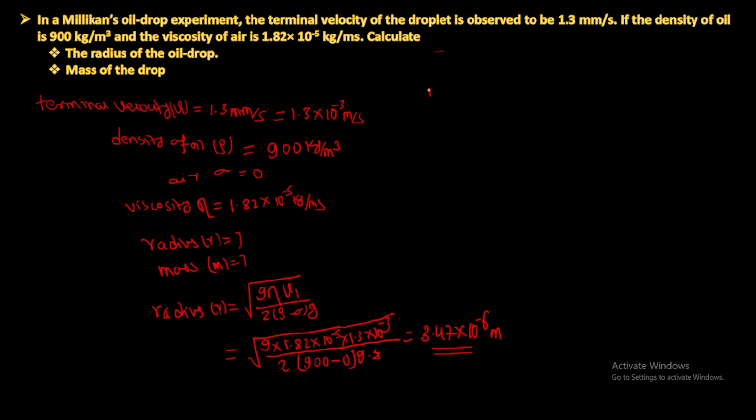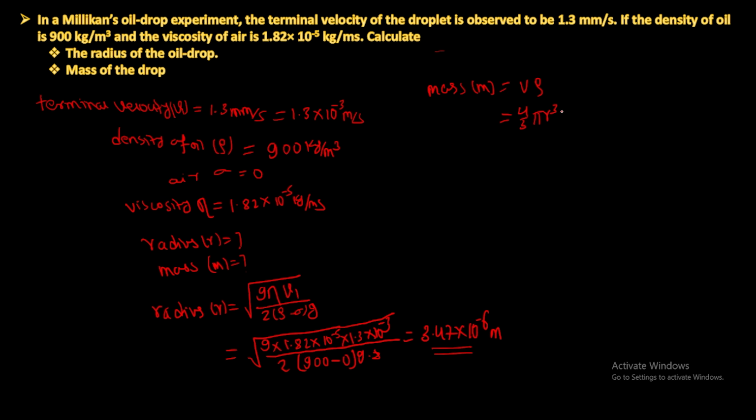For the mass m, we can use the formula volume into density, and volume is the volume of the spherical oil drop, which means 4/3 pi r cube.